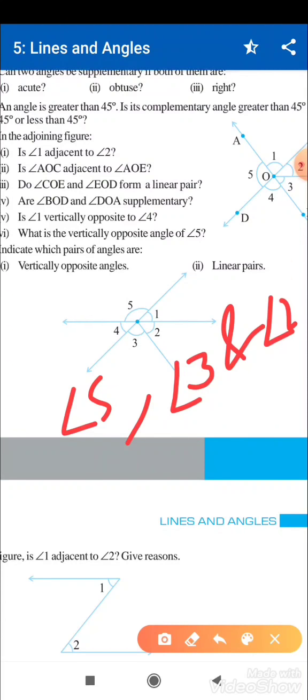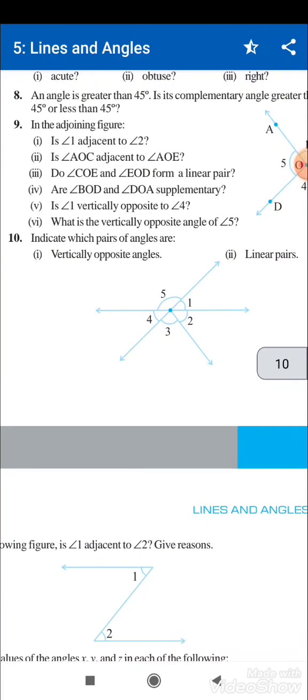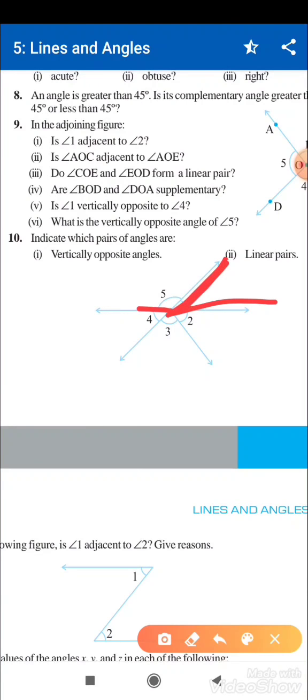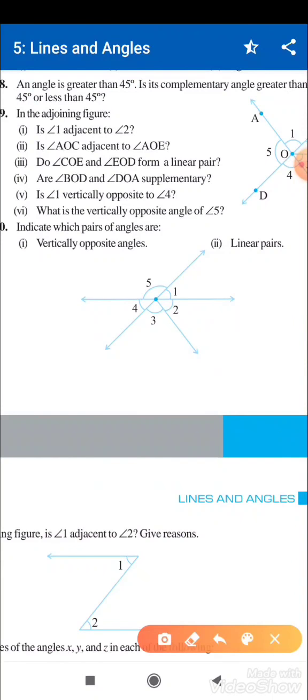Move to our next part, which is linear pairs. Here angle 1 and angle 5 altogether make a straight line, so these two angles are a linear pair. Our first linear pair is angle 1 and angle 5.